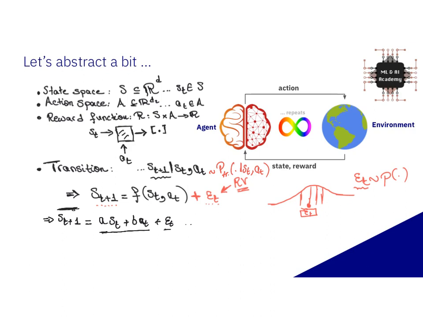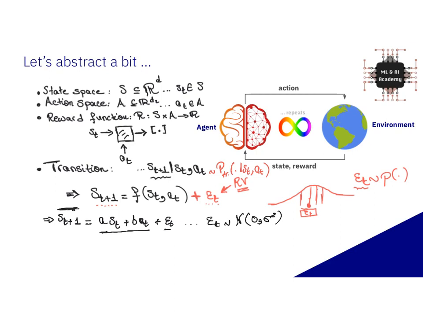Let's further assume that this noise epsilon t is Gaussian noise, which has a mean 0 and a variance sigma squared. So when I write an equation like this, I simply mean by it the bell curve. And that bell curve has a mean, which is the expectation of epsilon, and a variance, which is the variance of epsilon t.